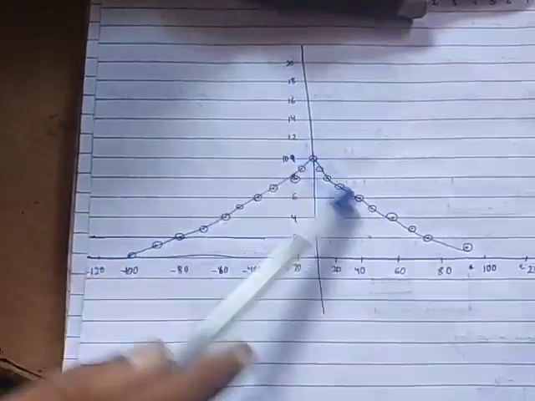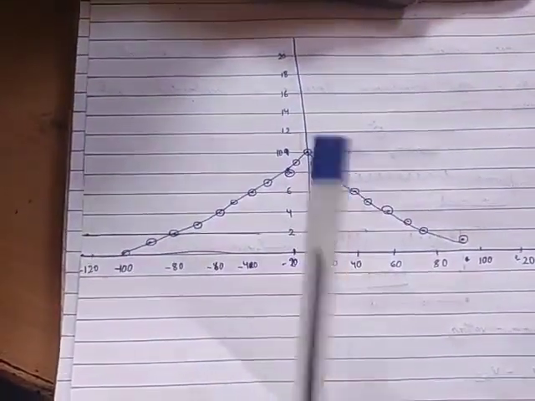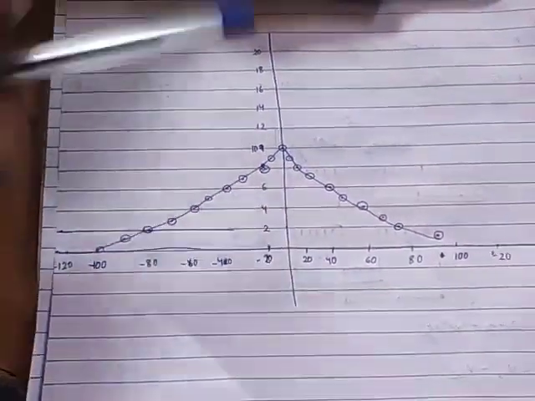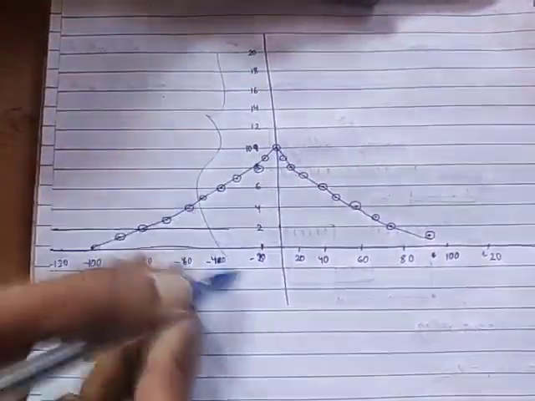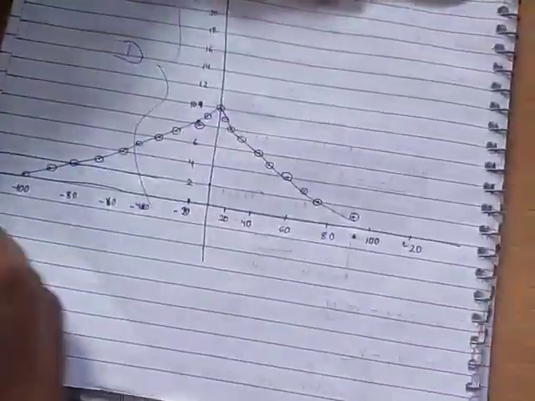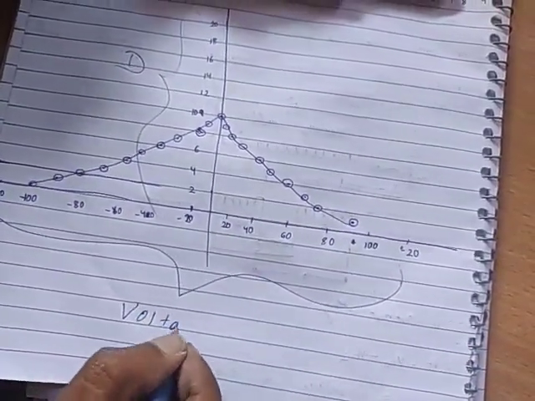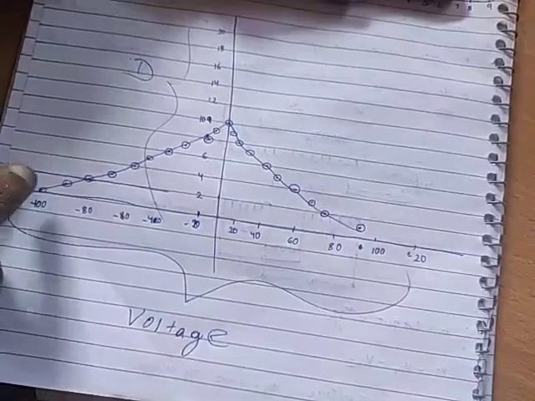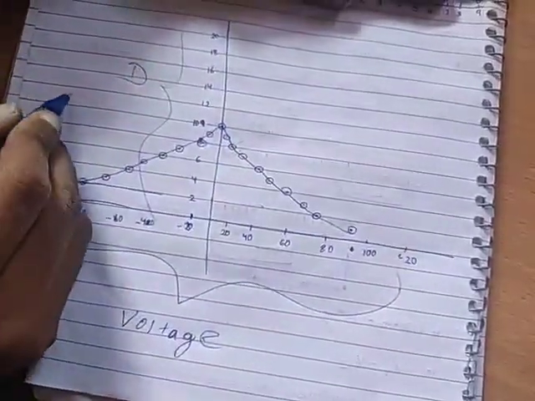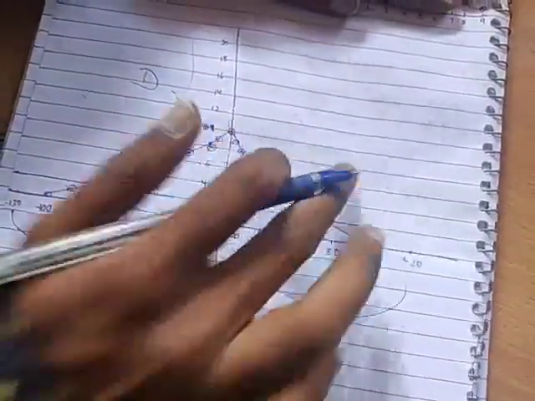By this, when we draw the graph, this is your basic graph of this position. When you draw the graph, this is your displacement and this is your voltage. This is your anti-clockwise graph and this is your clockwise graph.